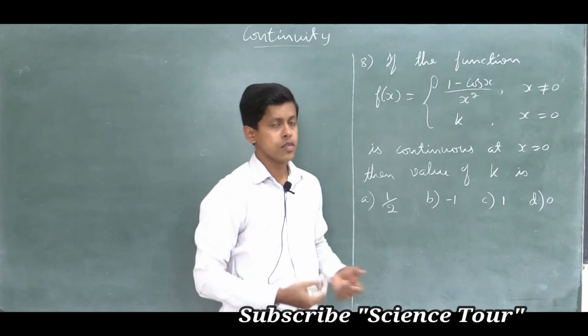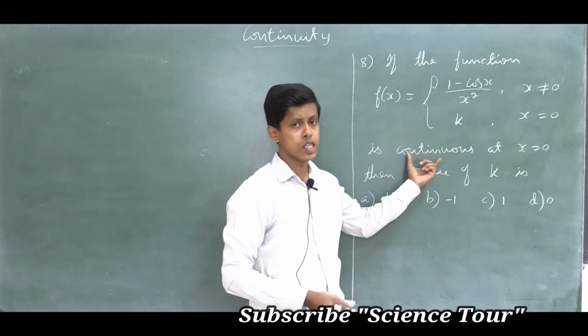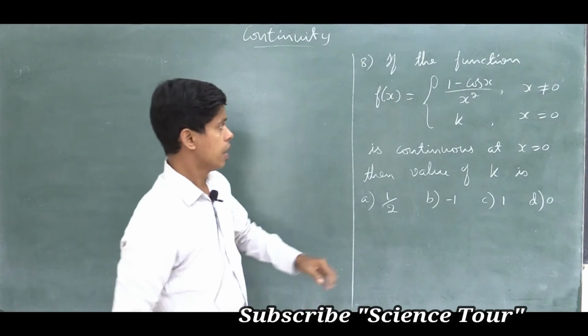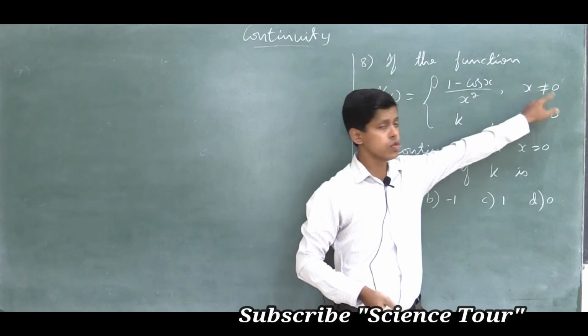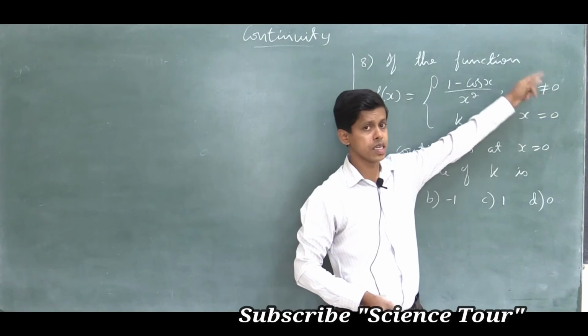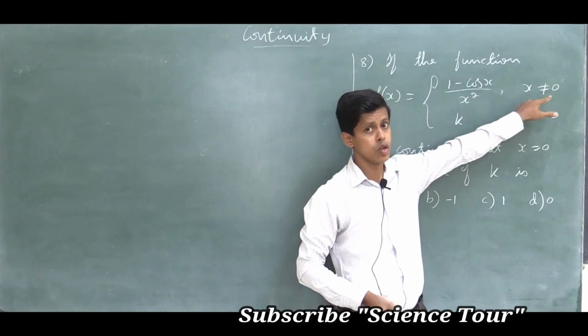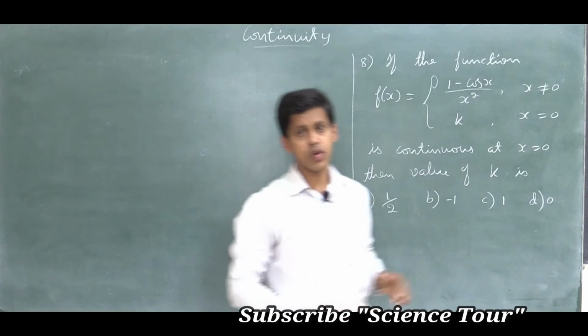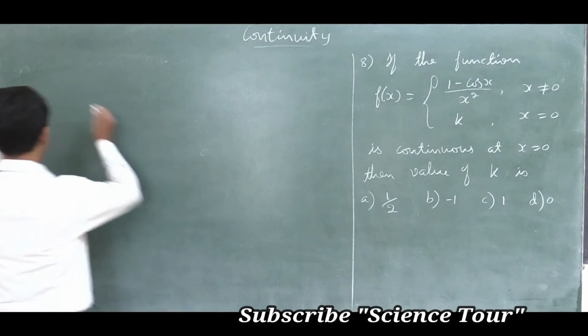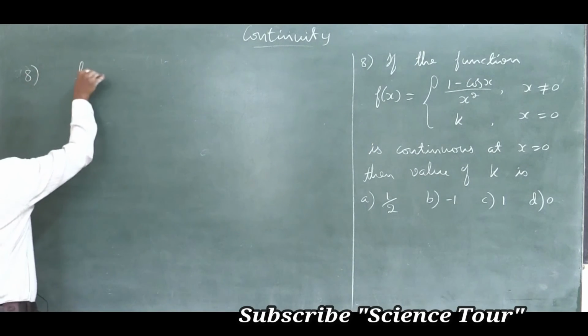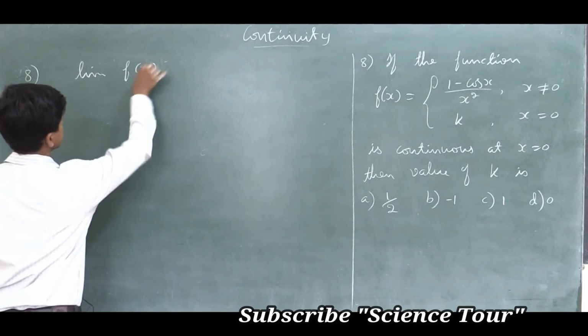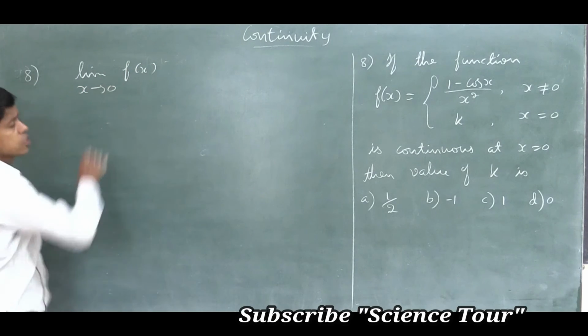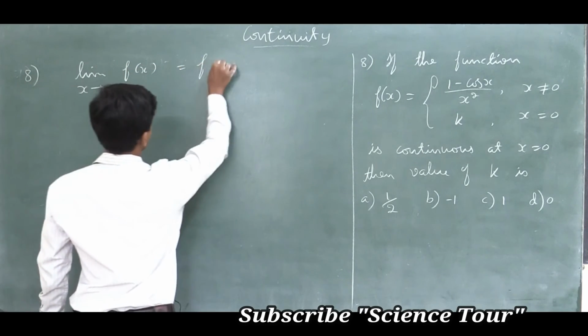Well, once again the function is said to be continuous at x equal to 0, and you have x not equal to 0 here, which means x is less than 0 or greater than 0. For both, the function is 1 minus cos x by x square. So once again the same condition: the limit of f of x as x tends to 0 is equal to f of 0.